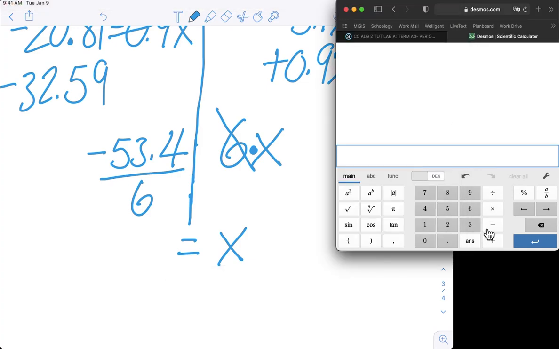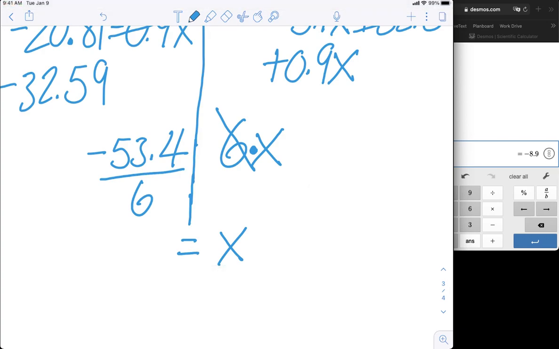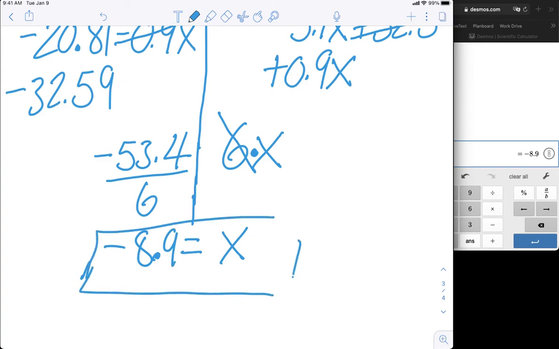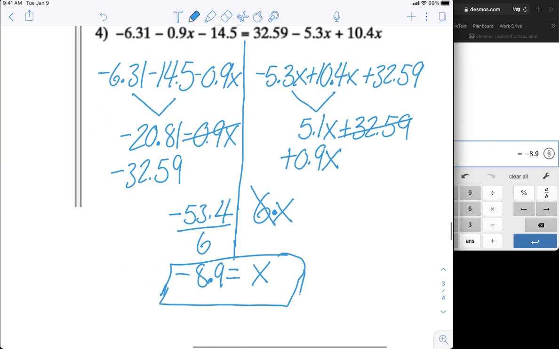Again, let's use our tools. Negative 53.4 divided by 6 is negative 8.9. And there you go.